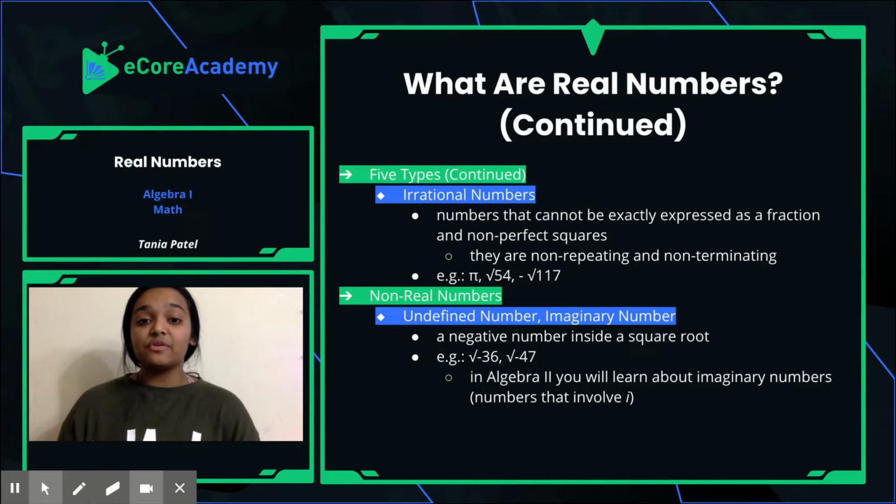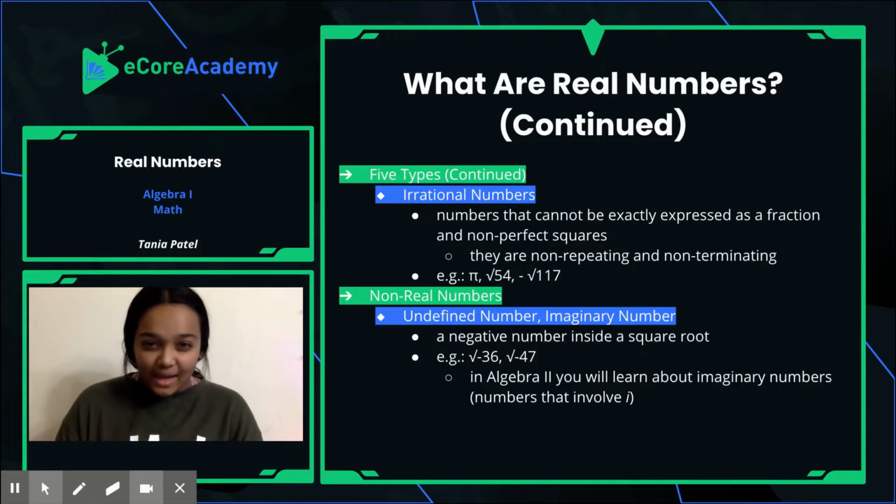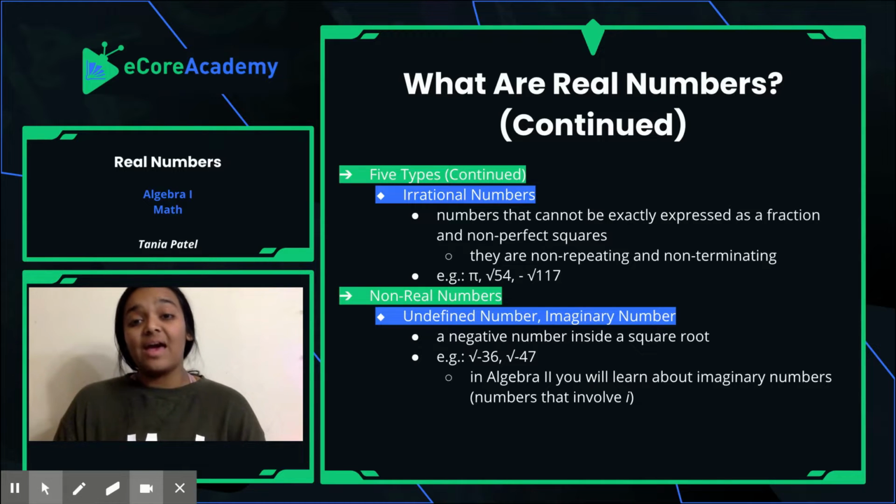But when I was saying those numbers in the value of pi, you should have noticed that I did not repeat any numbers. None of the numbers were repeating. And when I said and so on, I was indicating that it was non-terminating. To terminate means to end. So non-terminating means non-ending. They are continuous values. So pi is a great example for an irrational number, just like the square root of 54 is.